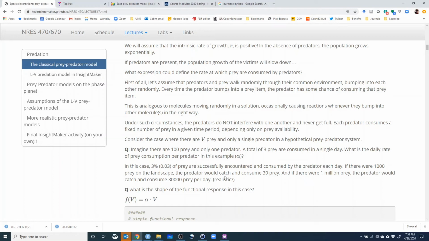And the prey are, again, just wandering randomly through the environment and just happen upon predators every now and then. So this is a very passive model of prey-predator interaction, and it's simple, and it's obviously not too realistic, but it's a good starting place, and this is what the Lotka-Volterra model assumes.